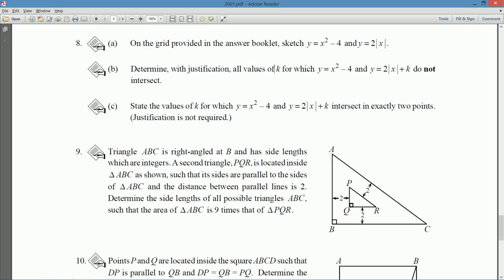So determine what justification was. So before we had don't intersect, now we want to intersect in exactly 2 points.